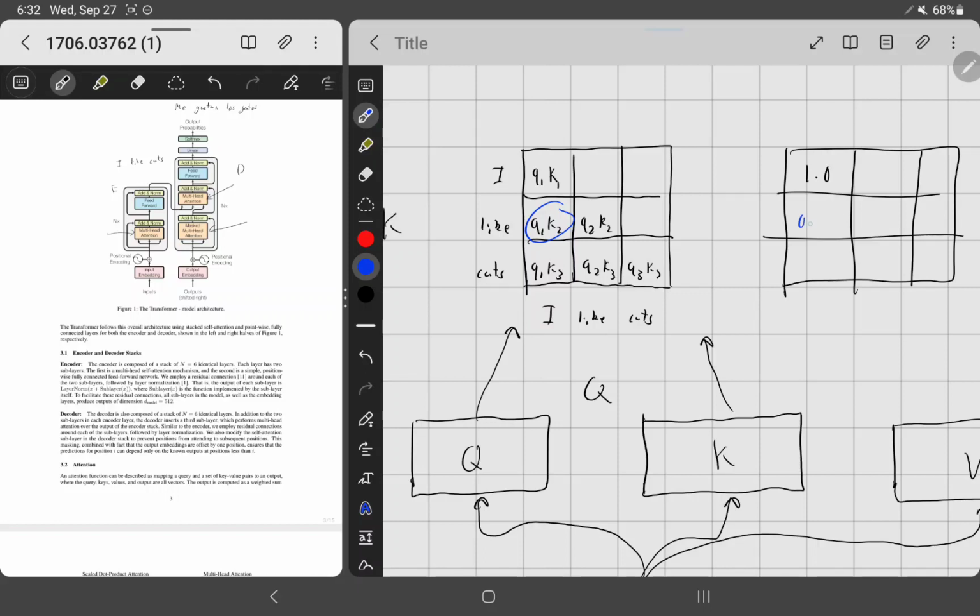Maybe you're going to get, say, 0.3. They're somewhat similar, maybe not too similar. Maybe the word "like" doesn't need to send information to the word "I". It's kind of arbitrary. And then how does the word "like" compare to the word "like"? Maybe 0.7.